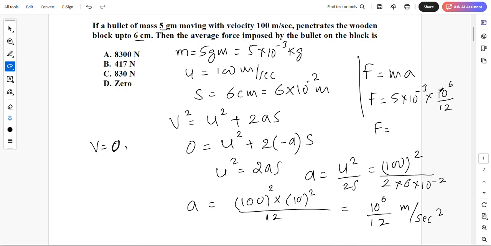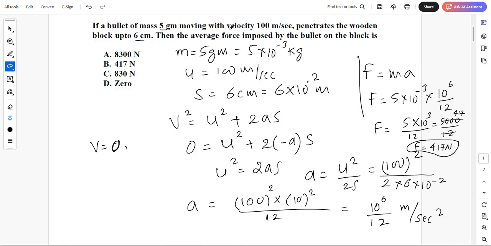That is F is equal to 5 into 10 to the power of 3 by 12, that is equal to 5000 by 12. Approximately it will be 417. F is equal to 417 Newton will be the right answer.